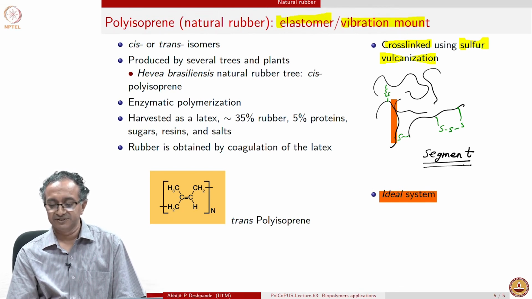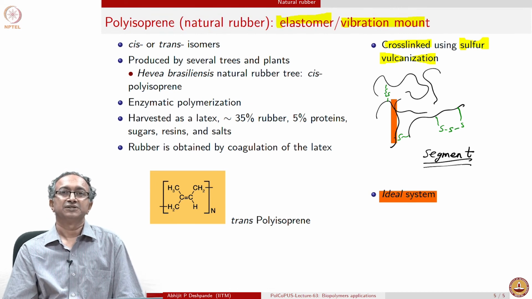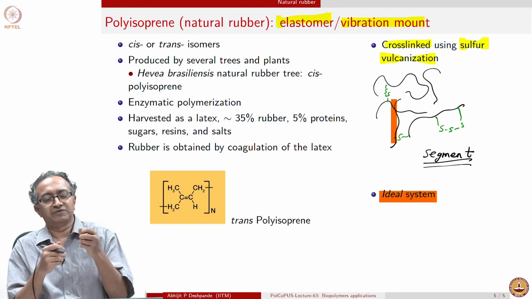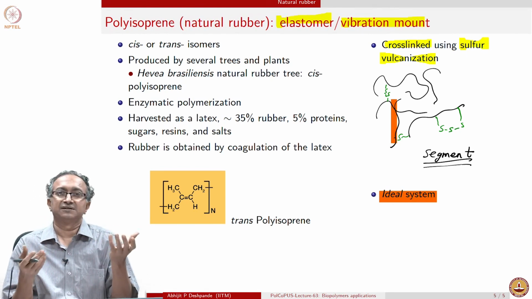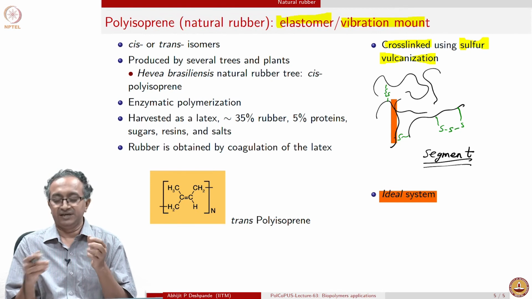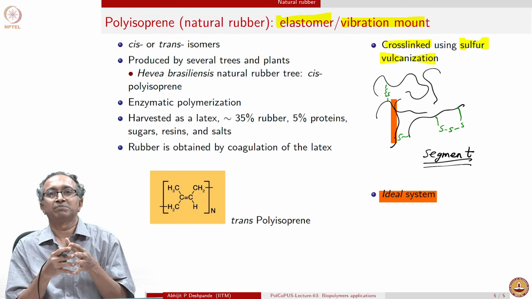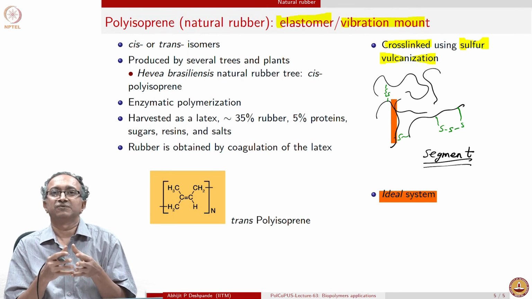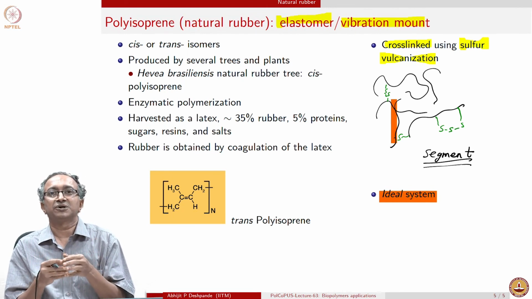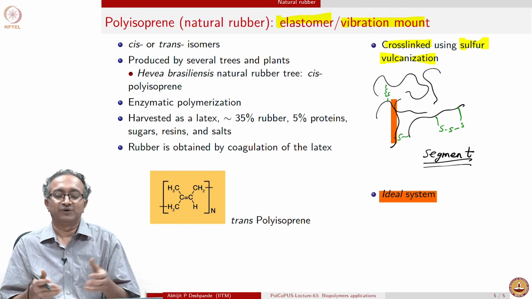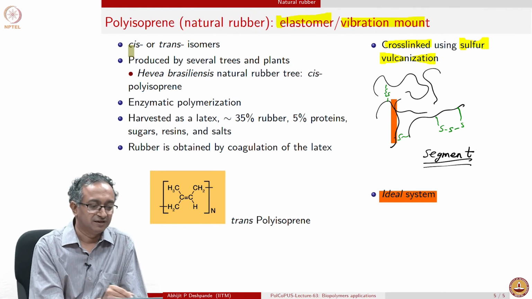What segments do is pretty much determine how this rubber component will behave. When we stretch a rubber band, quite often we are doing this at a reasonably low rate, and the segments get stretched, and when we release it, the segments want to come back to a coil-like state. Therefore, interaction between segments is not important. How a segment gets stretched and how it comes back is sufficient for us to explain the elastomeric behavior of a rubber.